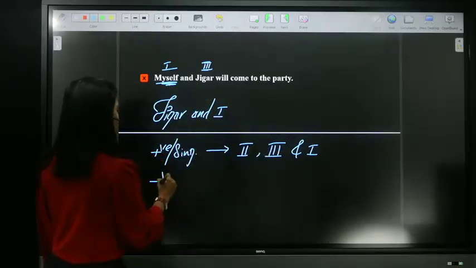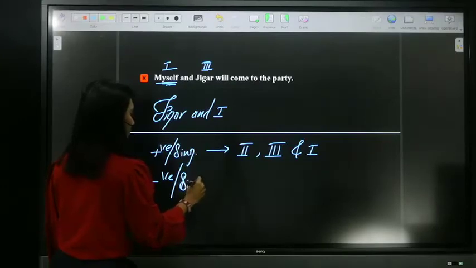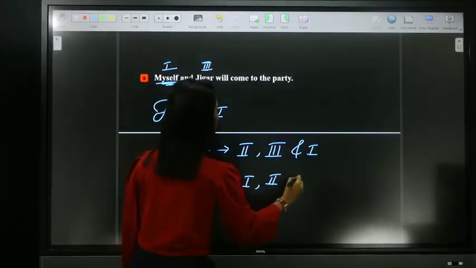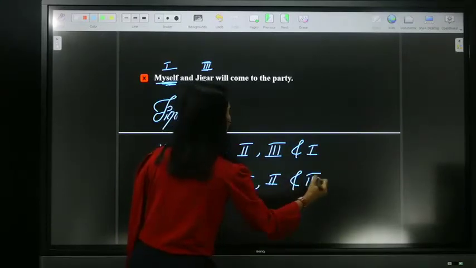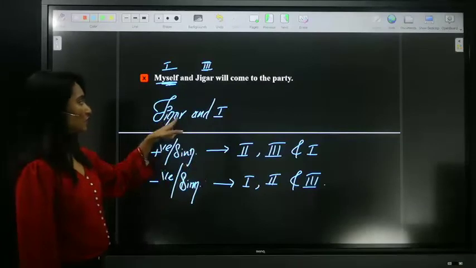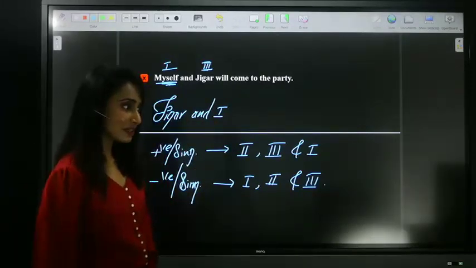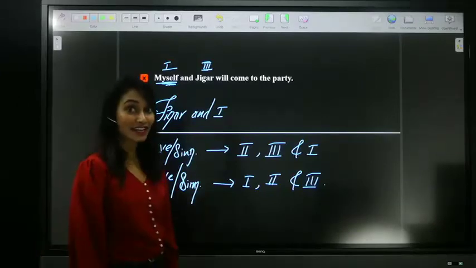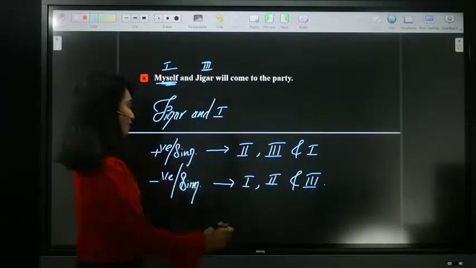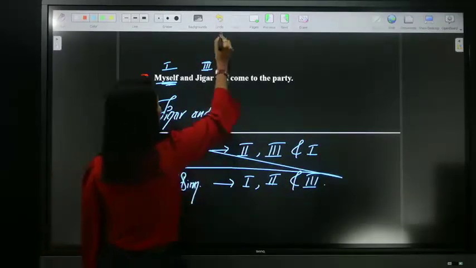If it is negative, for singular, the order is first person, second person, and third person. So we require positive: Jigar and I will come to the party. Yes, Swapna, not I and Jigar; it should be Jigar and I. Remember this order.